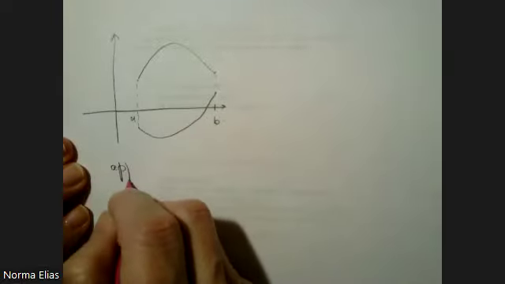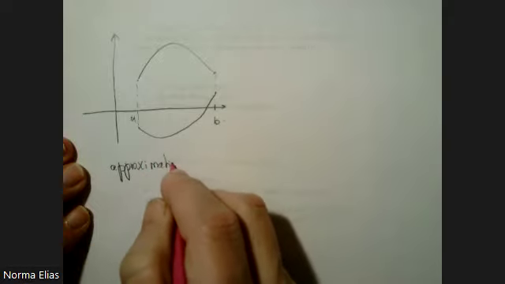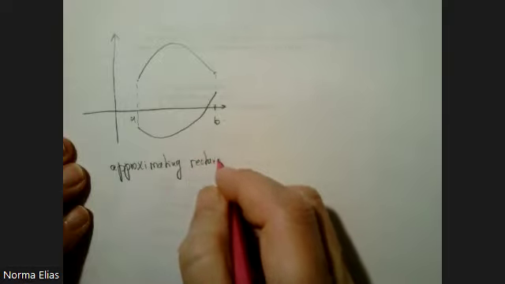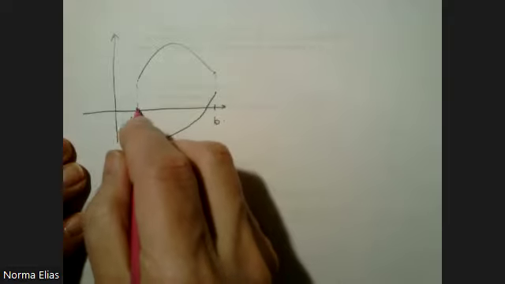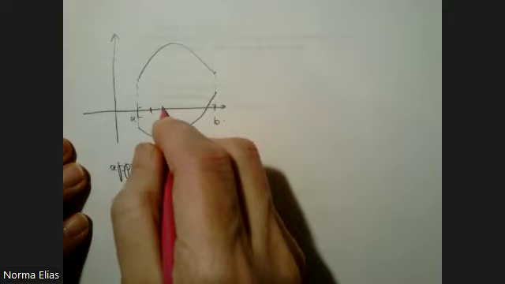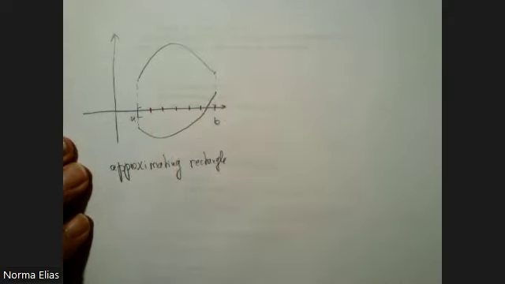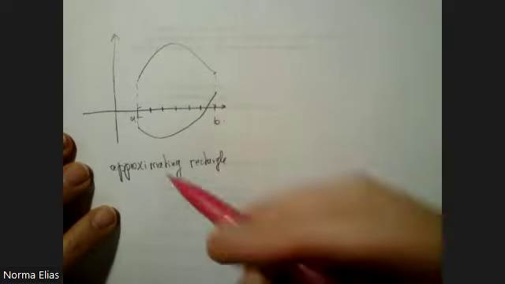In this picture, I will show you the approximating rectangles. The way we're going to do it is we take the interval from A to B, and we split it into pieces. Now I will not take a lot of them. I will take a few pieces. And then these are the rectangles I will fill the region with.